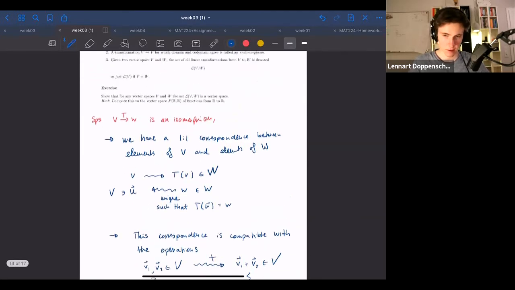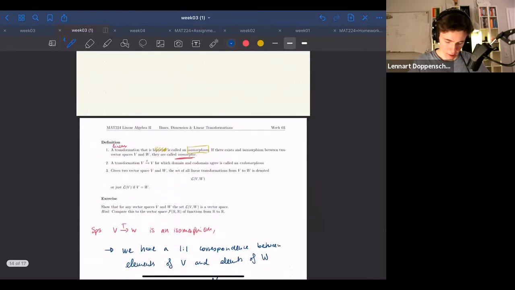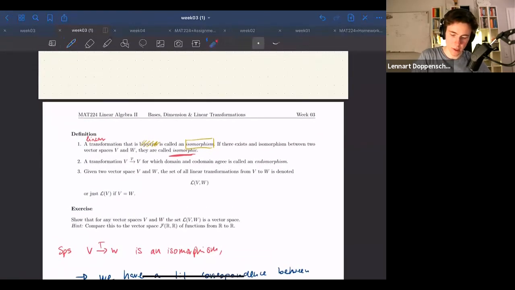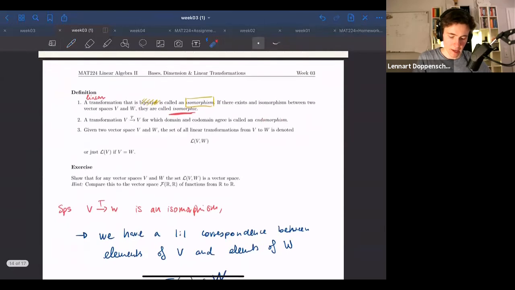Okay, just a word: when the domain and the codomain are the same, we call this an endomorphism. But this is really just a word. And then when we fix two vector spaces, same as the space of all functions between two sets, now we can talk about all transformations between two vector spaces.